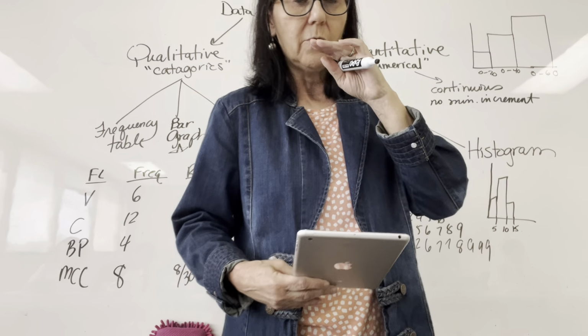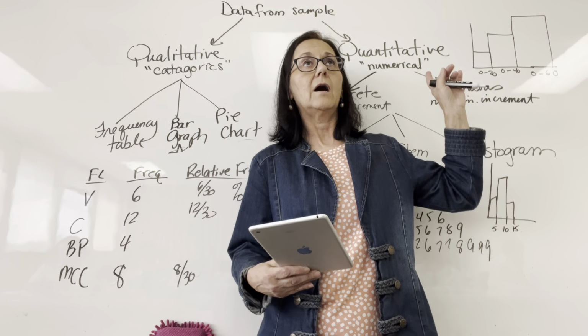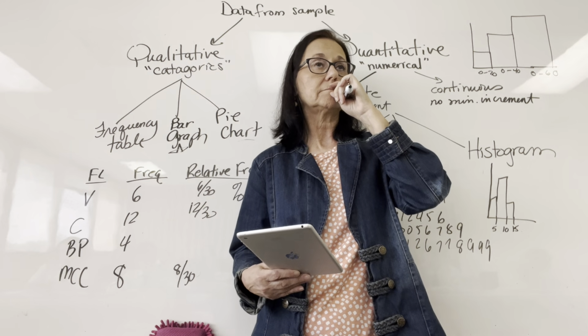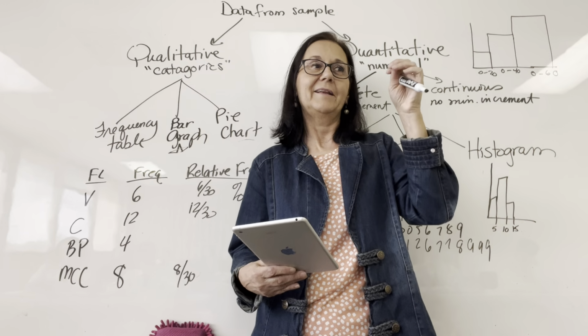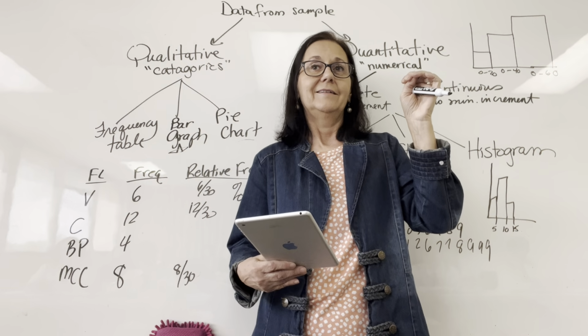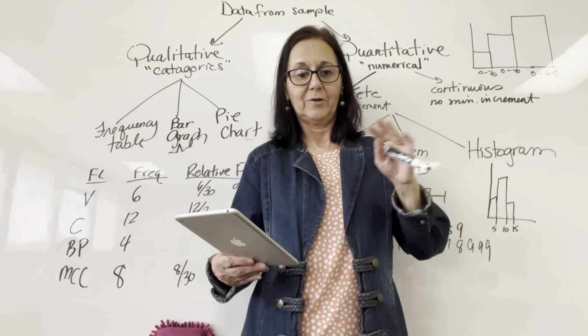Okay, so uniform quantitative data would be like, how many hearts does an average human have? 1. It would stay 1, right?